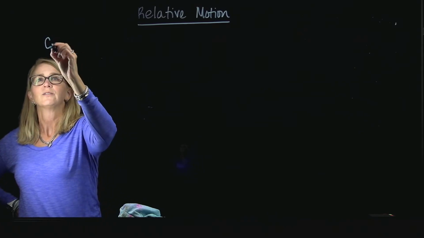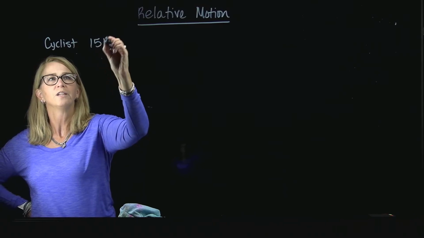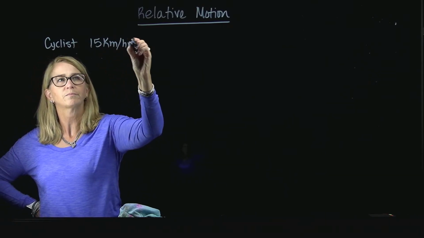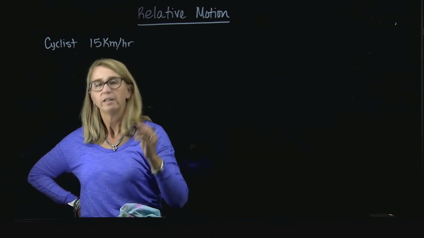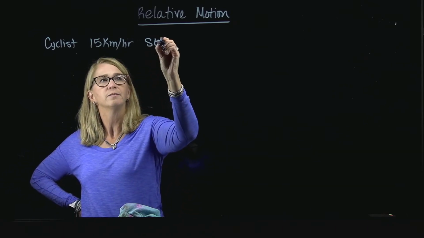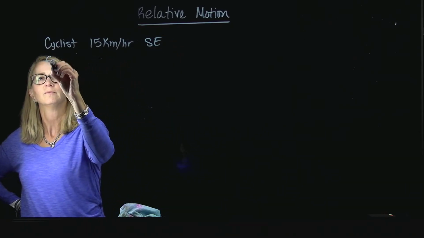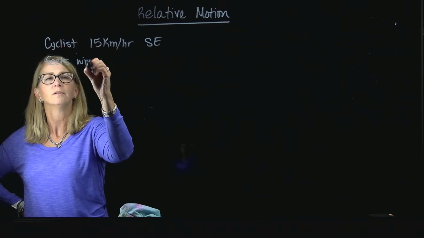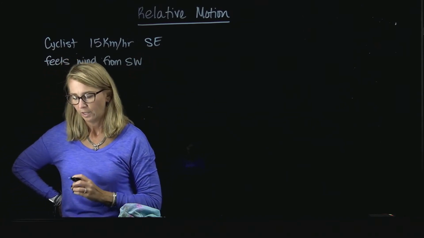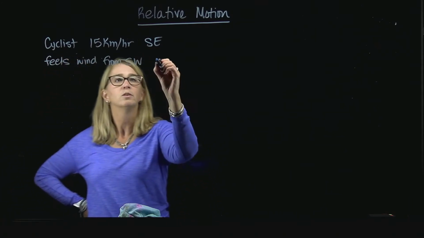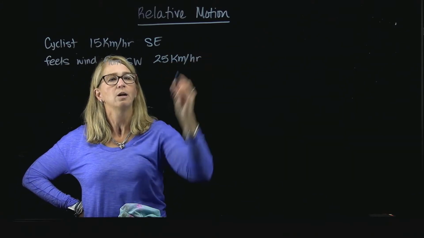Okay, so our cyclist is moving at a speed of 15 kilometers per hour, and he's traveling southeast. Now he feels wind from the southwest, and according to him, the wind is blowing at 25 kilometers per hour.